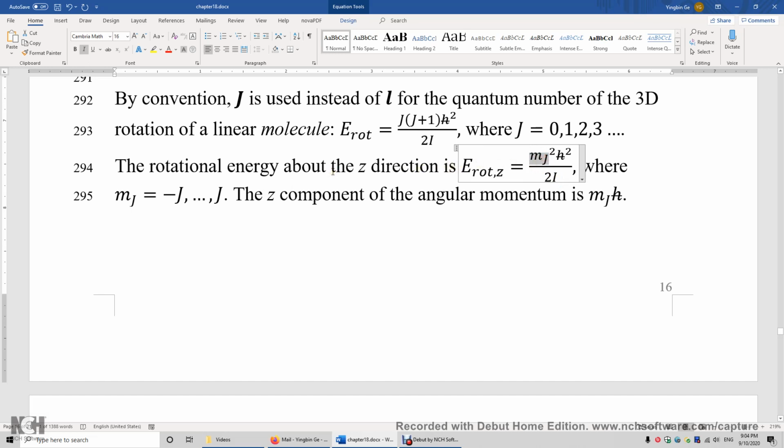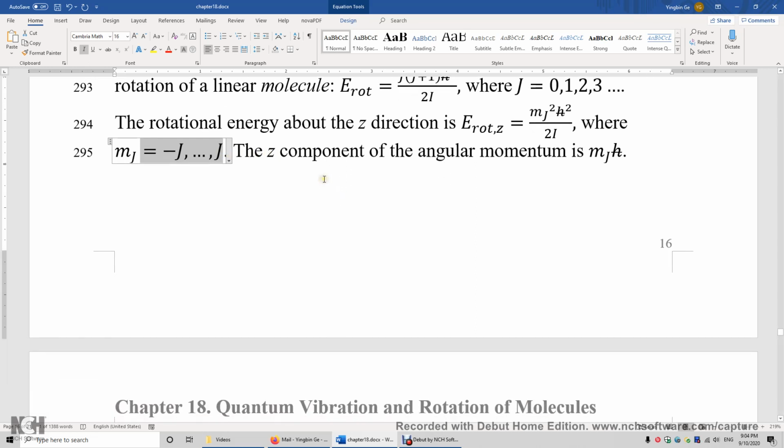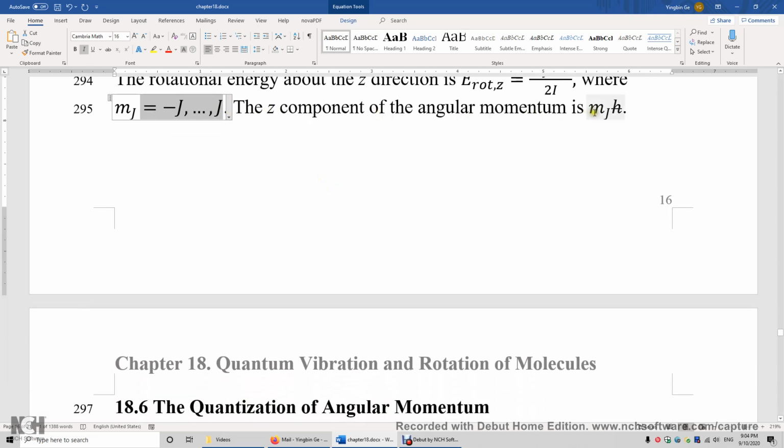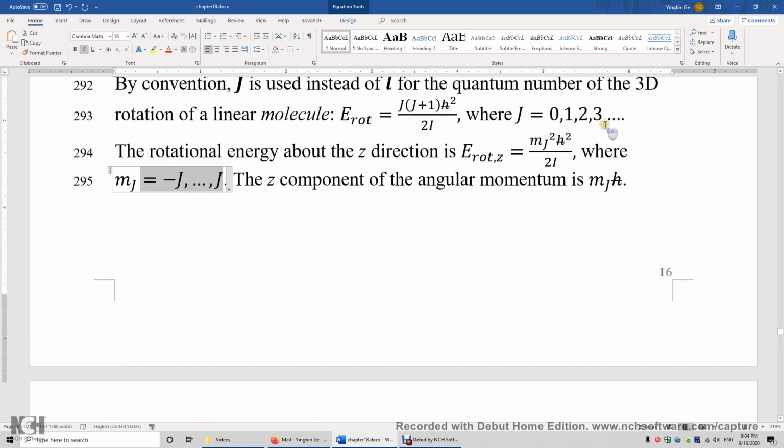M sub j can be from negative j to positive j. So m sub j can adopt 2j plus 1 possible values. You can count, from negative j to positive j, there are 2j plus 1 possible values. The z component of the angular momentum is simply m sub j times h bar.